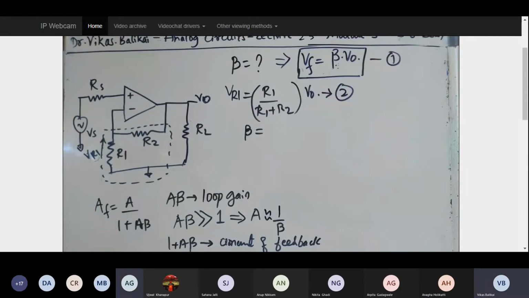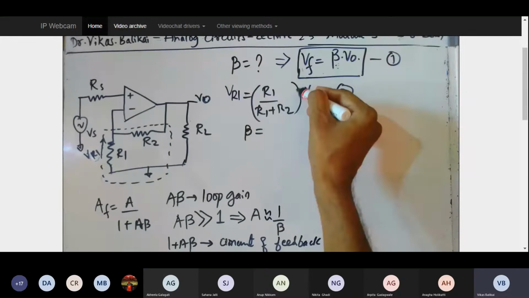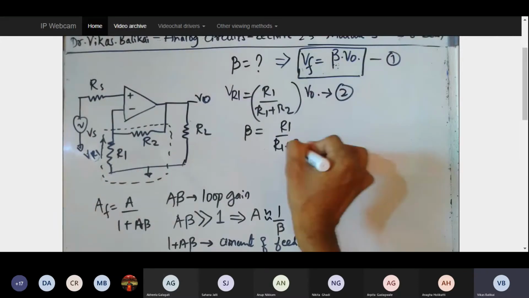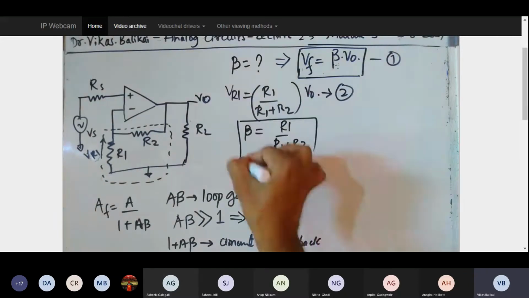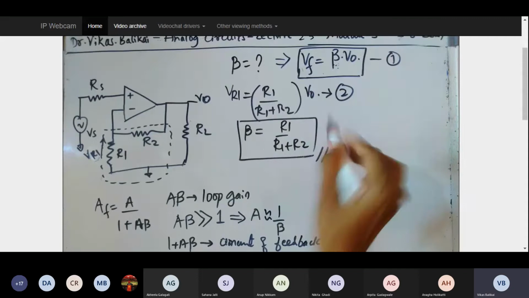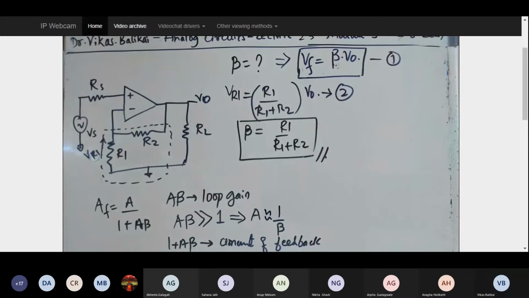If I compare these two expressions, I can say that beta is equal to R1 divided by R1 plus R2. Hence, the first term has been identified. This is how I find my beta.